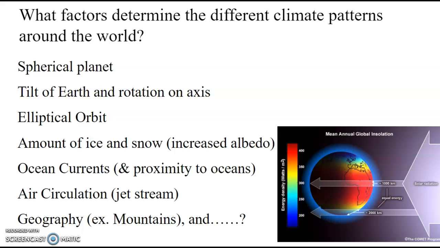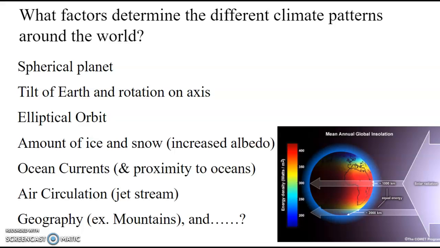It has moderation in its climate due to how close it is to the ocean, the Atlantic Ocean. Same with England. England is much further north than Minnesota, but it has a much more mild or moderate climate than Minnesota. So ocean currents move a lot of heat and moderate our coastal communities' climates.